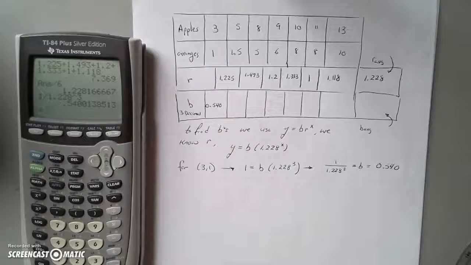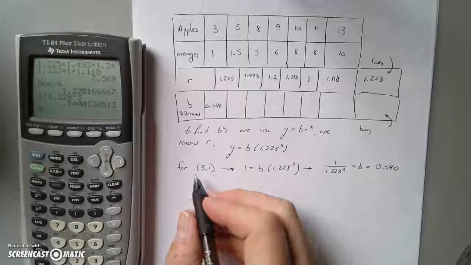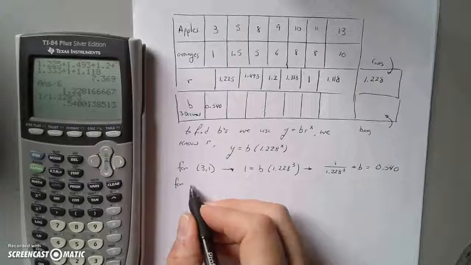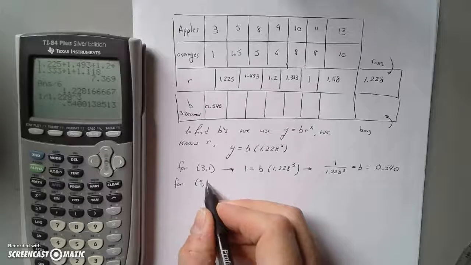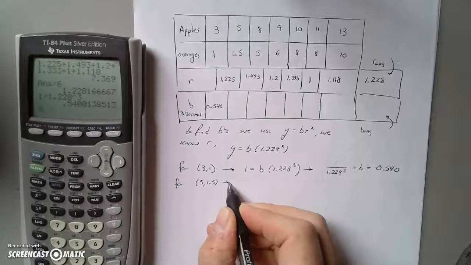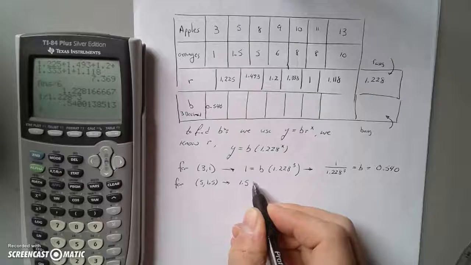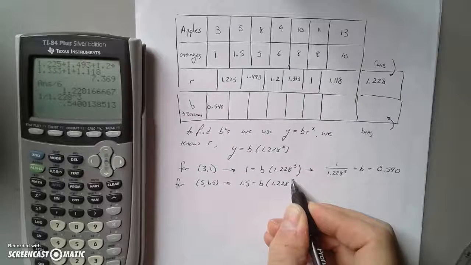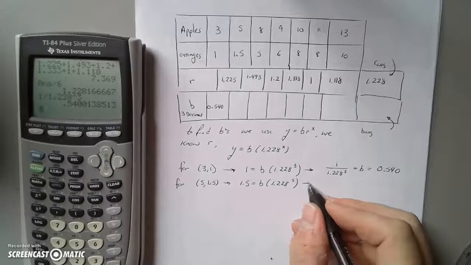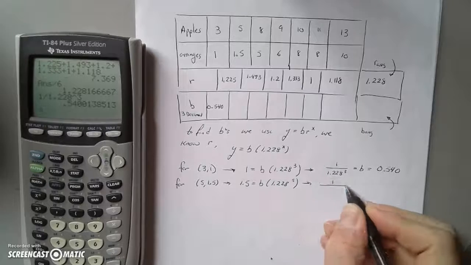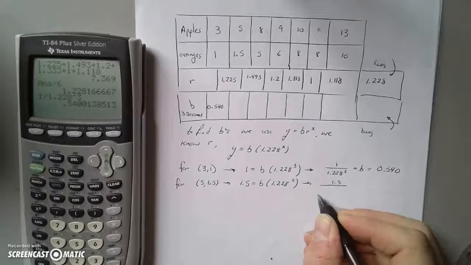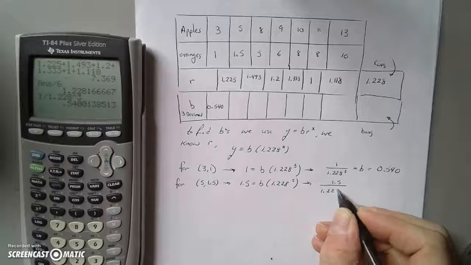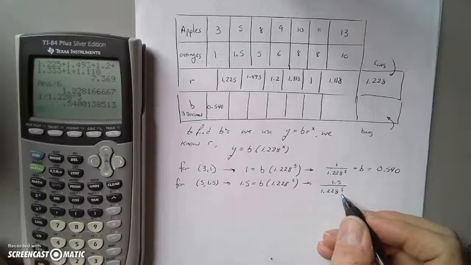Right. Let's do another one. For the next point, (5, 1.5), when y is 1.5 and when x is 5, we can solve for b. So this would be 1.5 over 1.228 to the 5th.